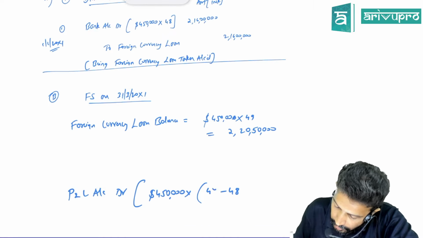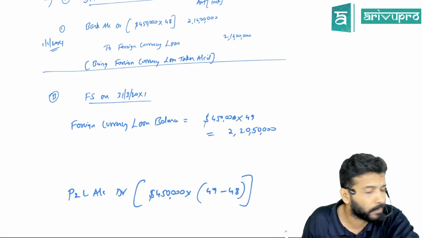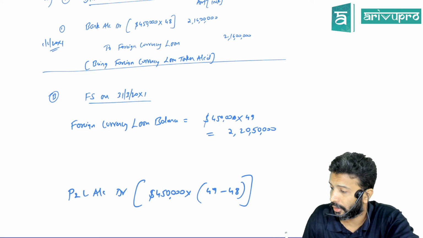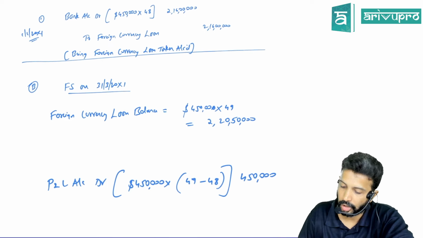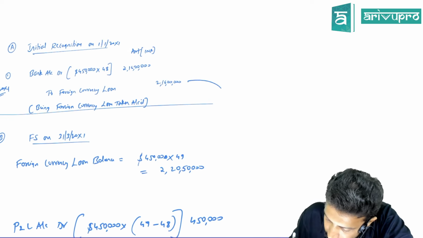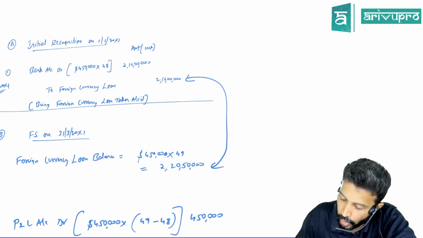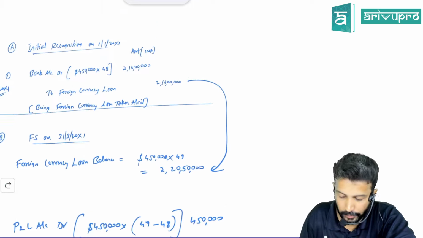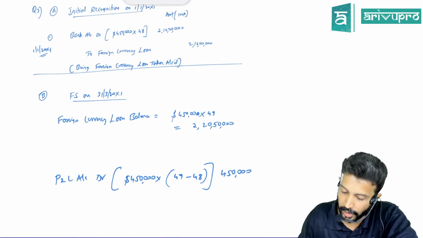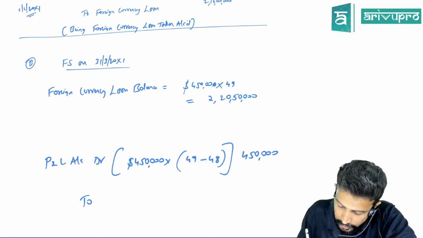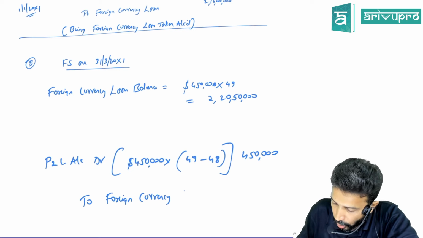It should have been converted at 49, but you have currently converted at 48. That means you need to increase it by $1. So how much will this be? 4,50,000. Or you can compare these two: 2.20 crore minus 2.16 crore. That difference, if you find out, you will again get 4,50,000 itself. Like that also, you can calculate. Done now. So P&L account debit to what? To foreign currency loan. How much, sir?